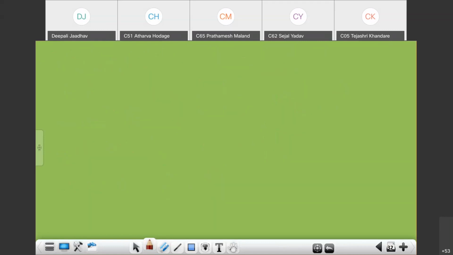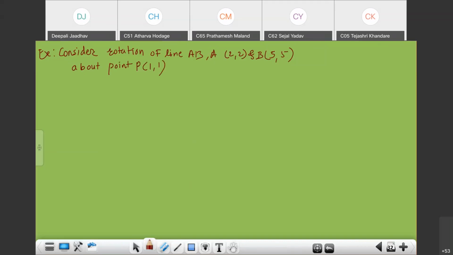Example, consider rotation of line AB, with A as (2, 2) and B as (5, 5), about an arbitrary point (1, 1) through 90 degrees.